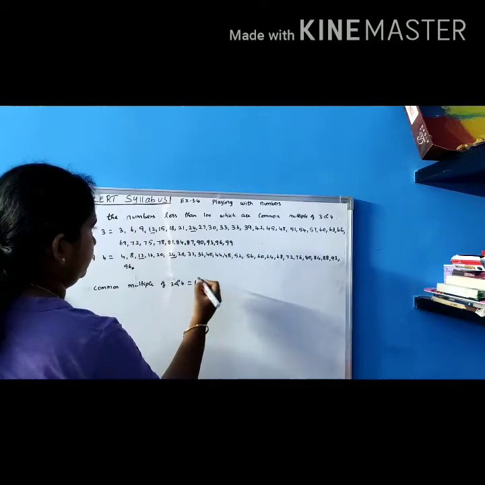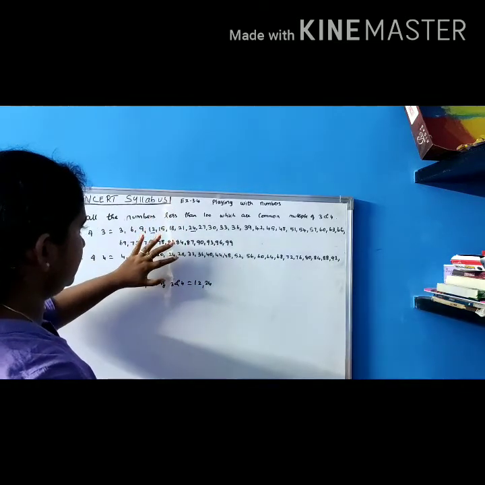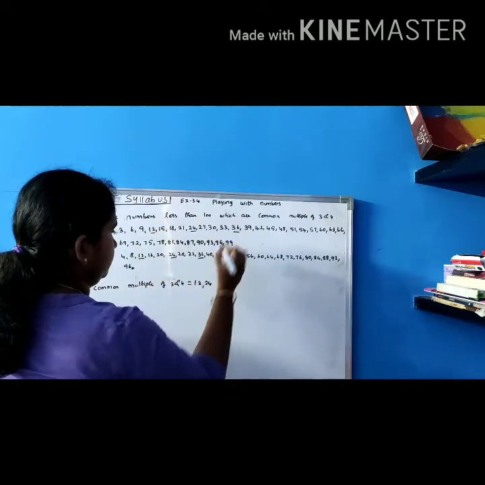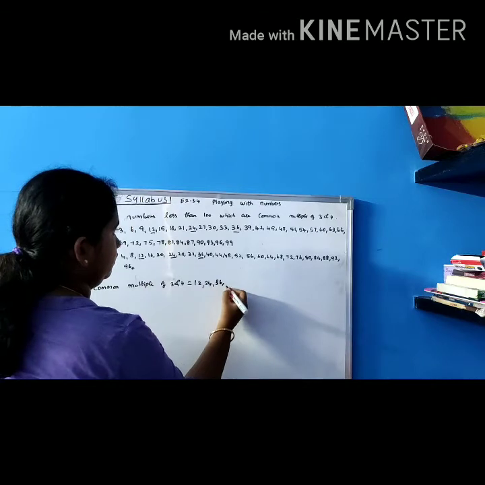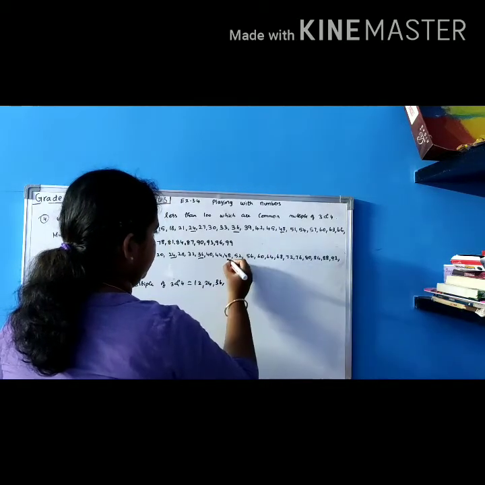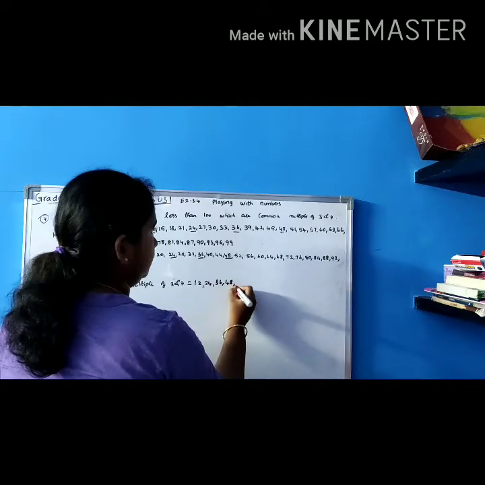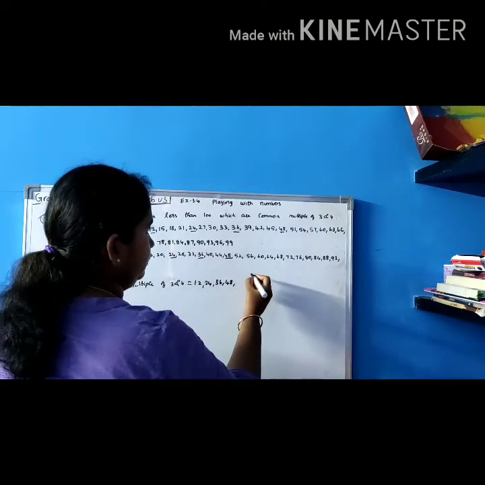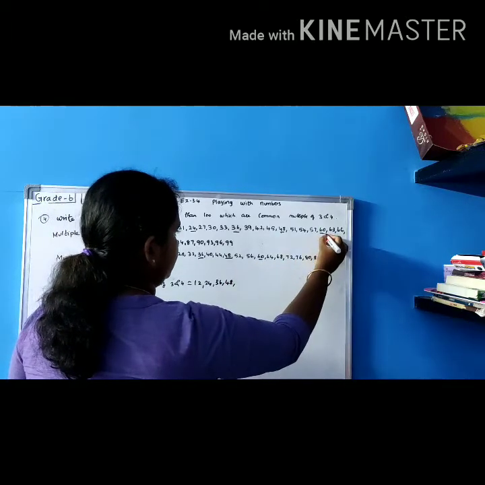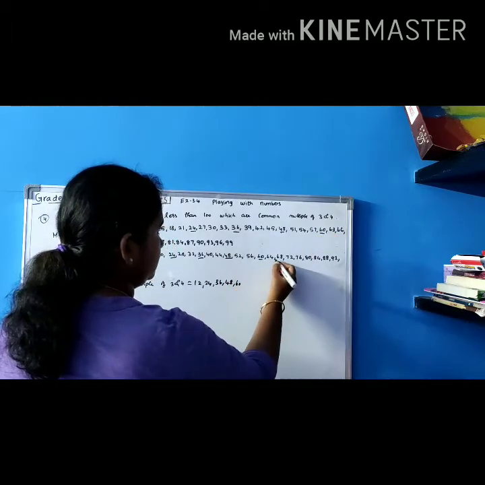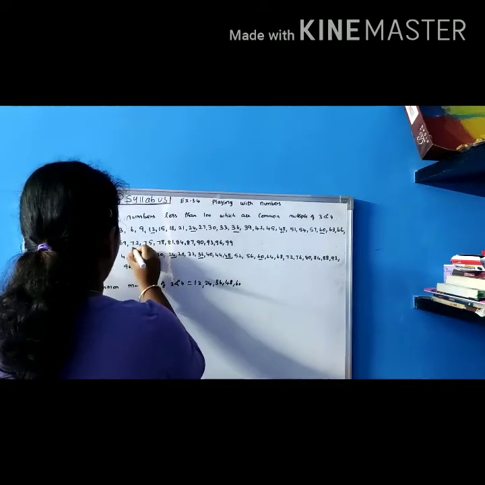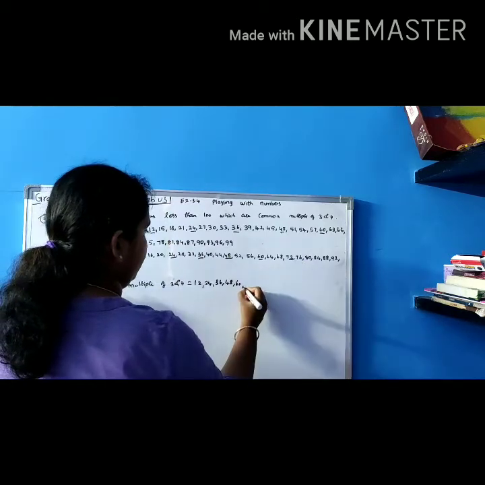Next one is 24. 27, 28, no. 30, 32, no. 33, 36 is there. 39, 42, 48 is there. 52, 54, 56, 60 is there. 63, 66, 69, no. 72 is there.